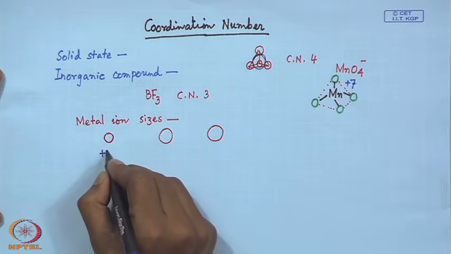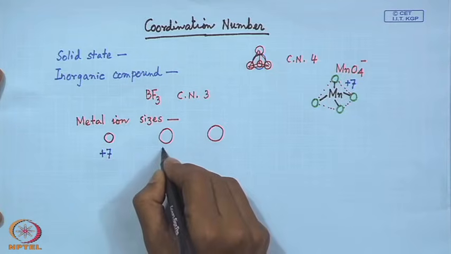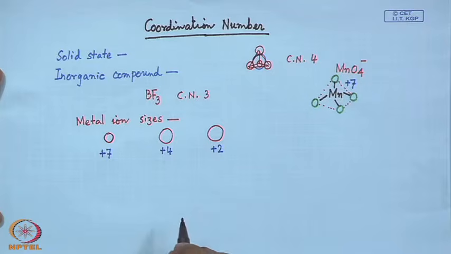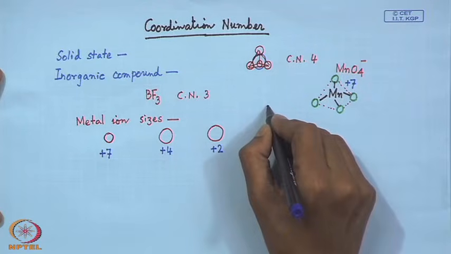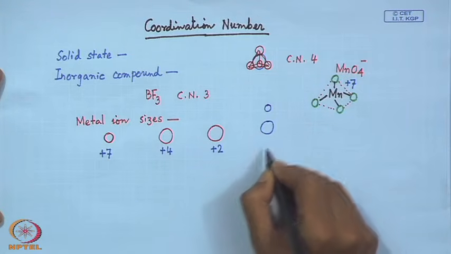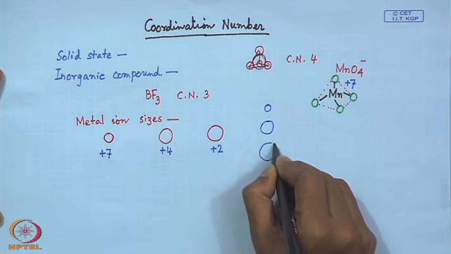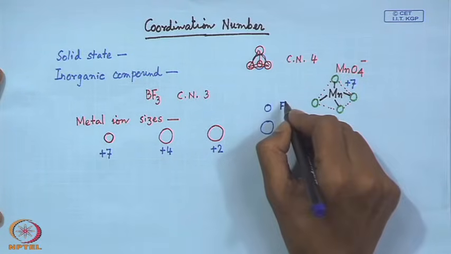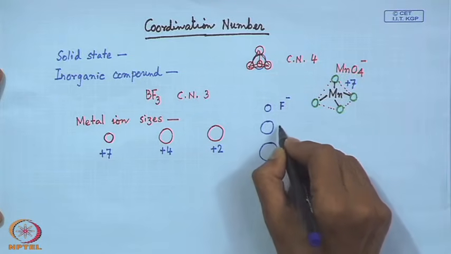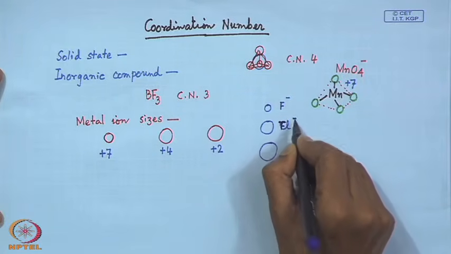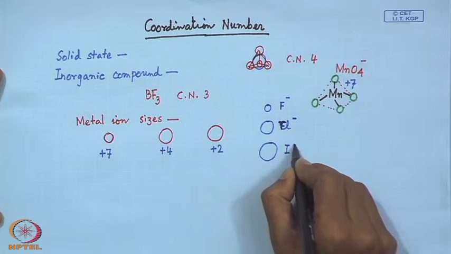The smallest one is in +7, then we can have +4 or +2, and then the size of the corresponding ligands, the smaller, the medium size and the bigger ligands, say the typical anions as the corresponding salts, F minus, then Cl minus, and then I minus.